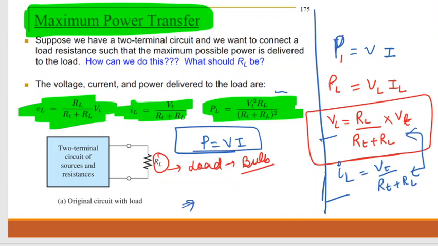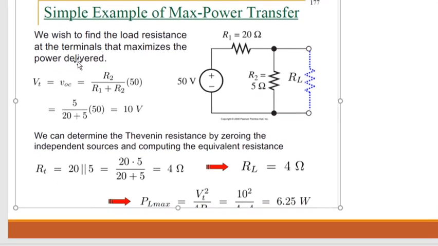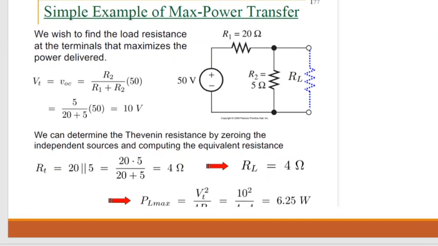Okay. Now let's do one numerical based on the maximum power transfer theorem. In this case, this is the circuit with R1, R2, voltage and RL. They didn't give RL, right? And they ask how much maximum power is delivered across the load resistance.